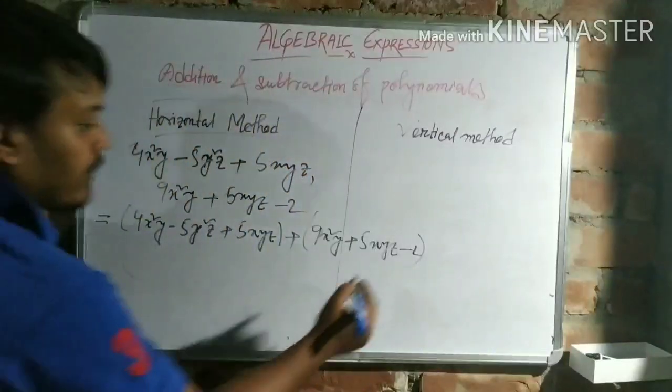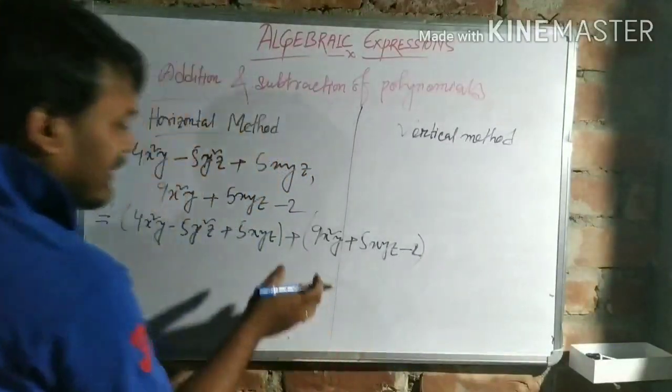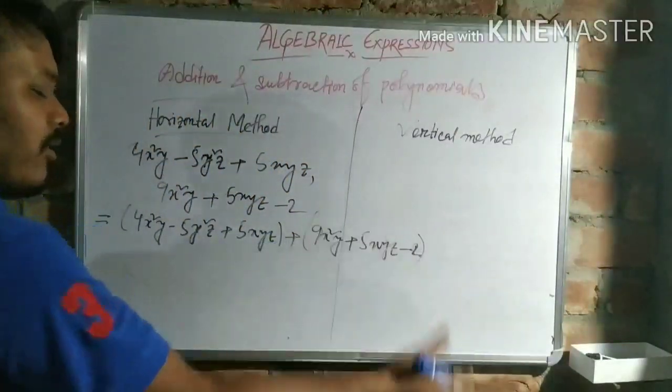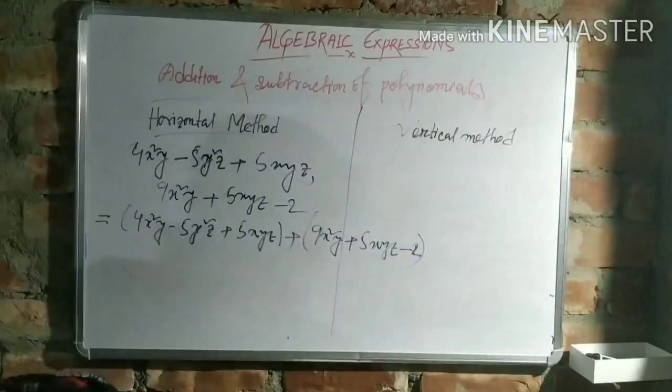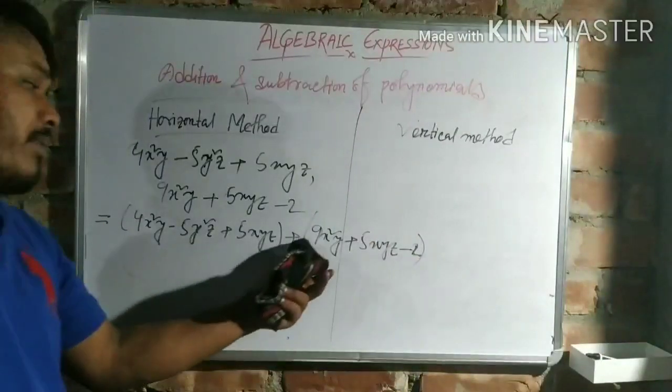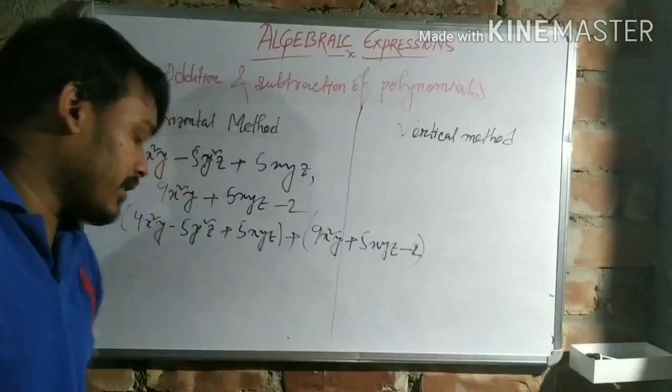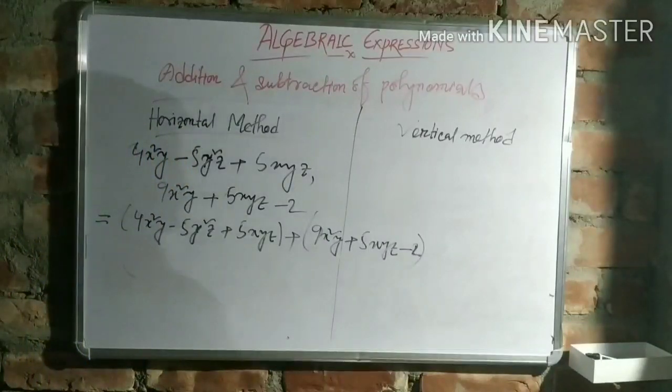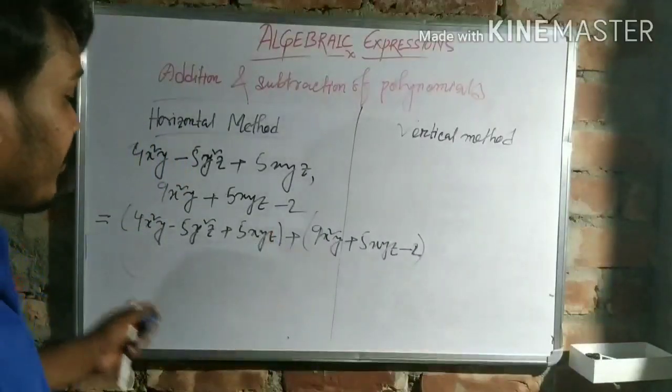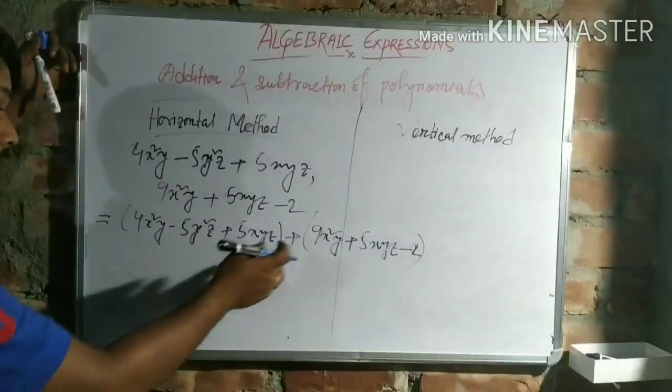Okay, so first we connect the two algebraic expressions with the symbol plus. In case of plus, if you do not give the bracket, then also okay. But in case of subtraction, if you do not give the bracket, then you have more chance to make the math not correct.